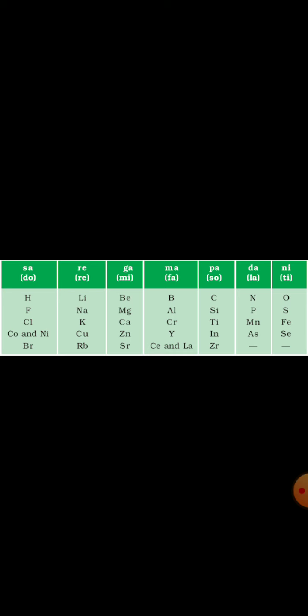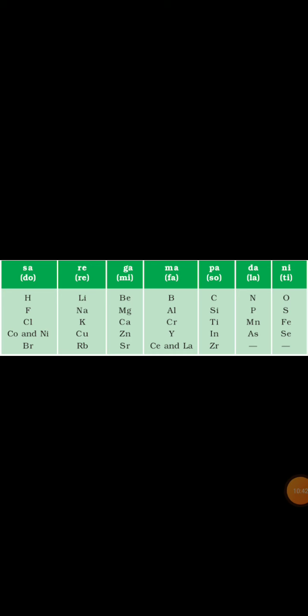But later on, many new elements were discovered which did not fit in Newland's law of octaves, because the properties of the newly discovered elements are totally different from these elements. So this is the second limitation.